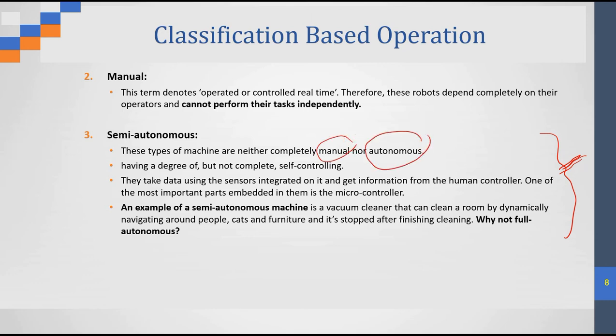As I told you, the drone is an example. There are many examples we can call semi-autonomous, like the vacuum cleaner. Some of them are fully autonomous, but for some, later I will give you an example and you tell me why. This kind of system has a degree of autonomy, which is why we cannot say it is fully autonomous or manual. They take data using integrated sensors and get information from human control, so it is controlled by another device or by a human.